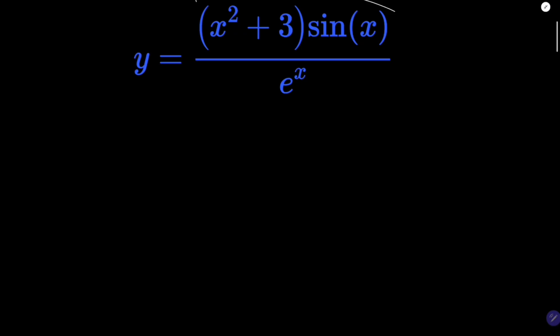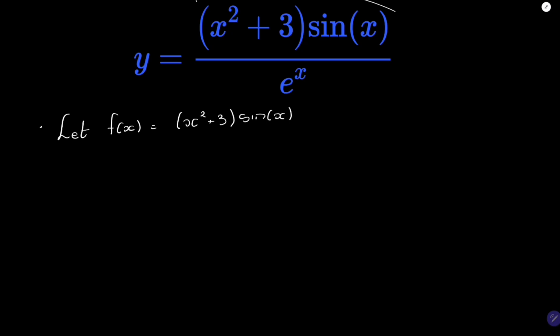First of all, for my first observation, this question is a fraction, which tells us that the quotient rule is going to be needed. Recalling our quotient rule, our first step was to identify our numerator function and our denominator function. So what are we first going to say? We'll call our numerator function f of x. That is, let f of x be equal to our numerator function x squared plus 3 sine of x.